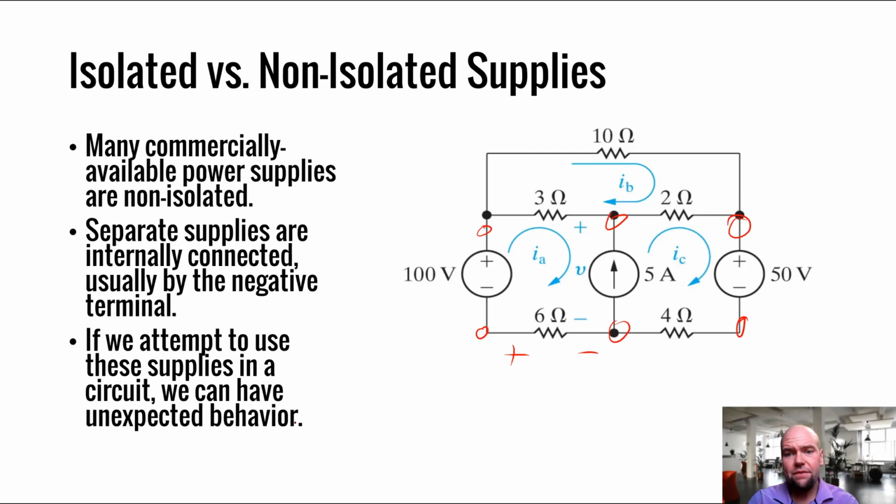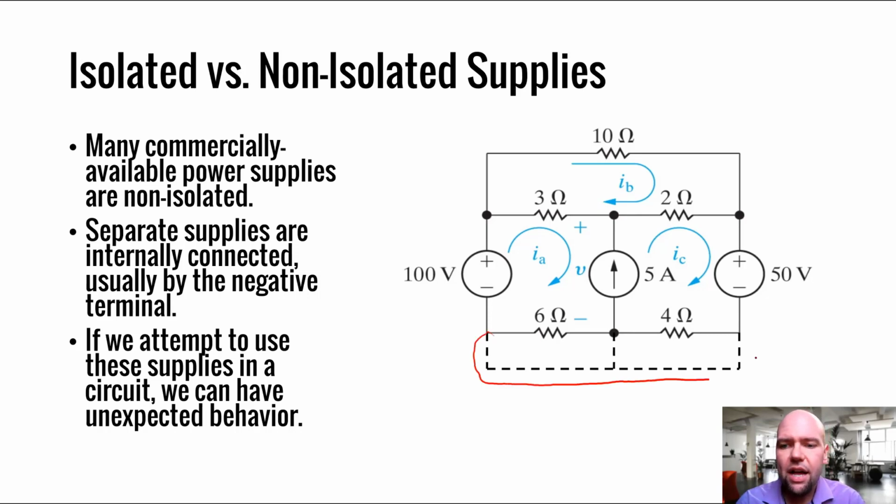Well, what happened is, if you were building this circuit using a non-isolated supply, it's possible that internal to that supply, these negative terminals were tied together, which meant you essentially put a short circuit across these 2 resistors. So when you built this circuit, you didn't realize it, but because internally those supplies were connected, in effect you shorted those resistors in your circuit, and you ended up getting a different answer than what you anticipated.